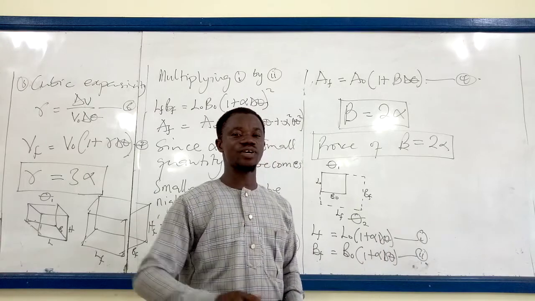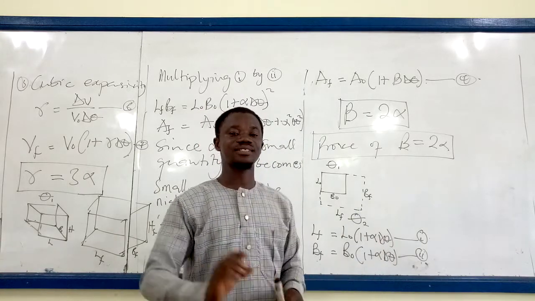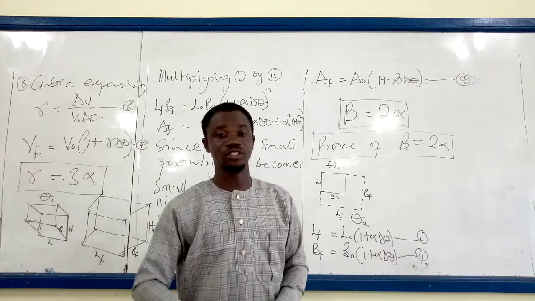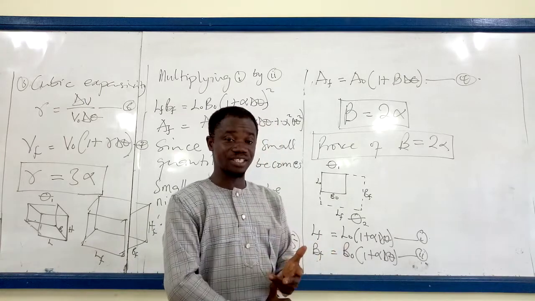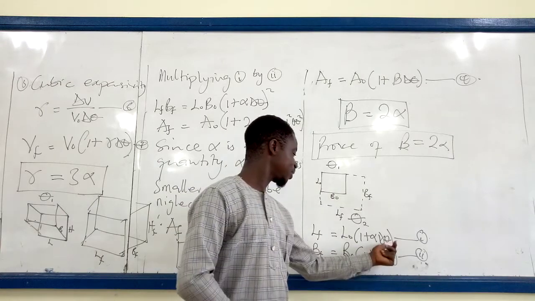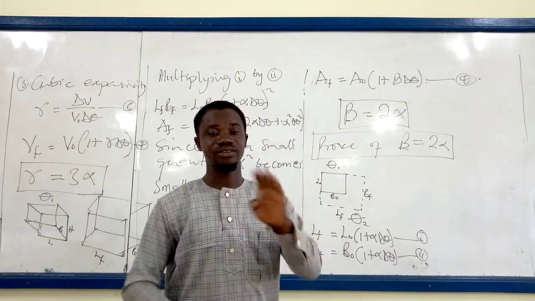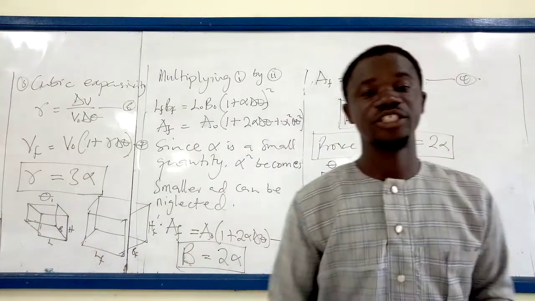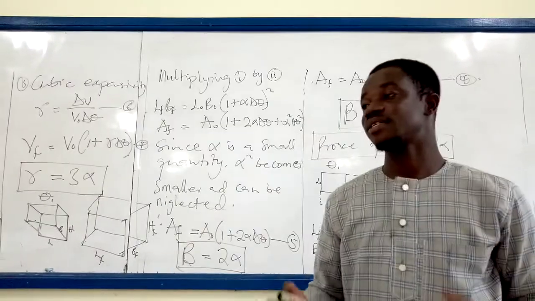Then we can also talk of the heat capacity of the material. Remember that a material with a higher heat capacity has very low thermal expansion. So we talk of the heat capacity of the material, the linear expansivity of the material, the change in temperature of the material, and the original length of the material. These are the factors that affect thermal expansion and contraction in solids.